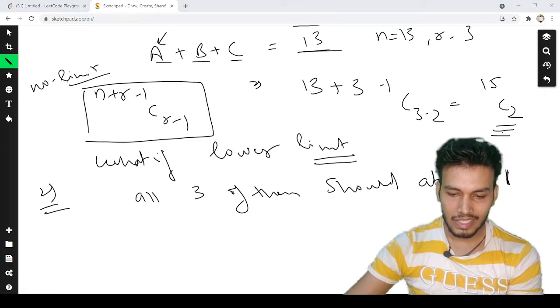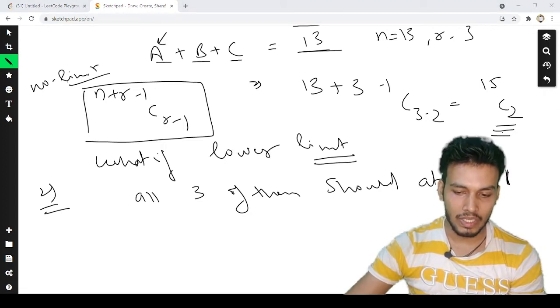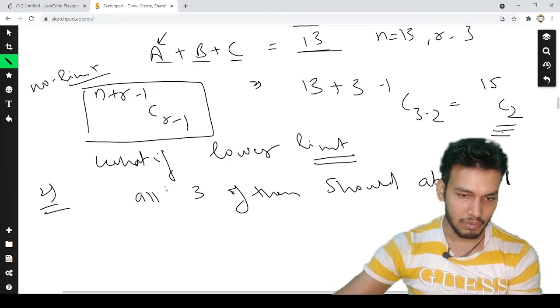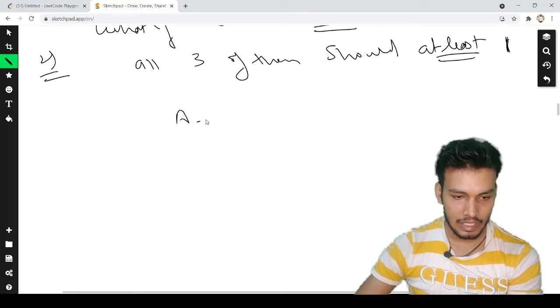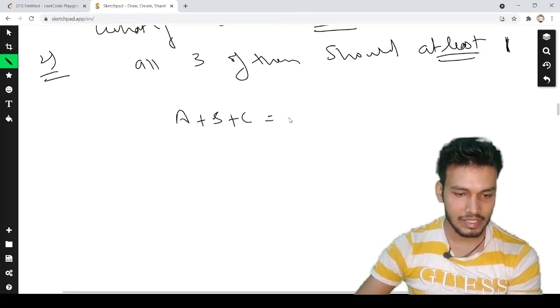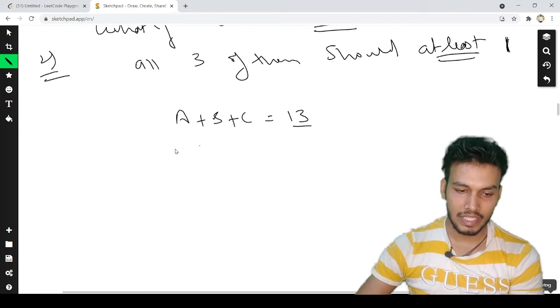If there is a lower limit, then what we'll do is very simple. Let's say we have A, B, and C. The original case is A plus B plus C, three persons, and I need to distribute 13 chocolates. But what I'm saying is, at least one is given to all three of them.